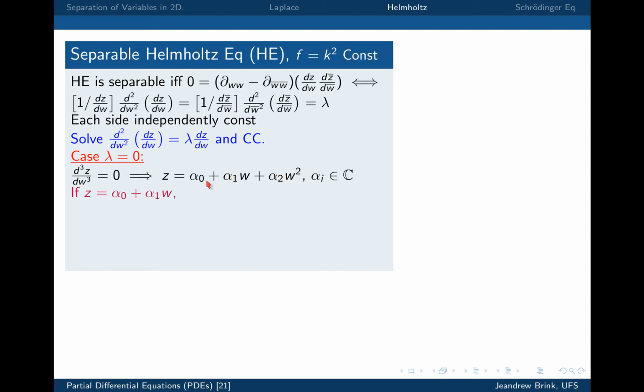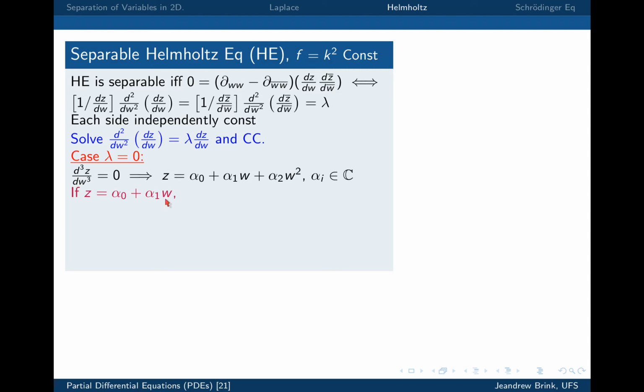So suppose, let's look at the first case. Let's just put alpha 2 equal to 0 for a while, and let's see what this transformation does. So suppose z is equal to alpha 0 plus alpha 1 times w, where these are complex numbers.